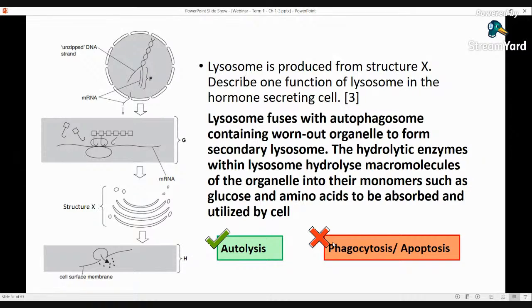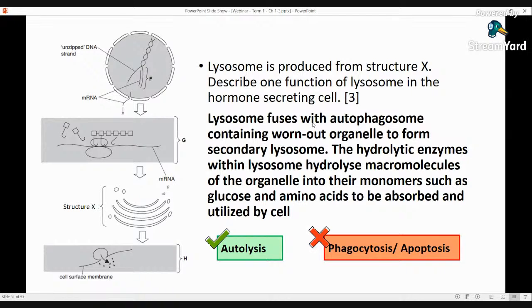Okay, the next question: lysosome is produced from structure X. Describe one function of lysosome in the hormone secreting cells.